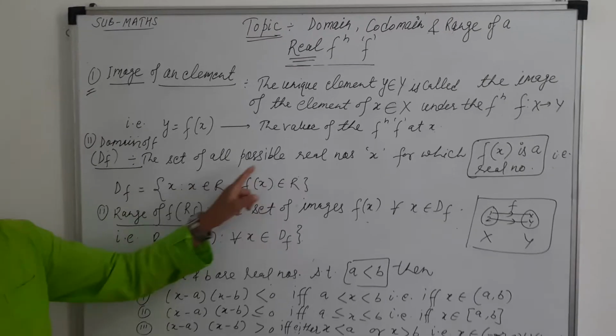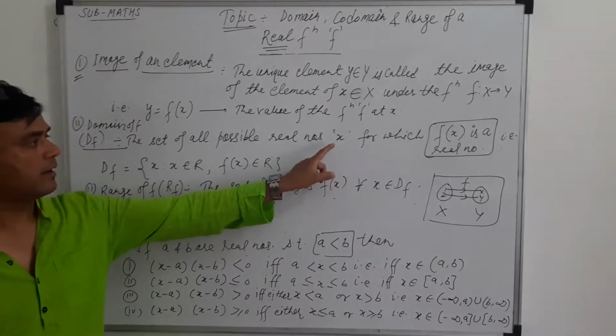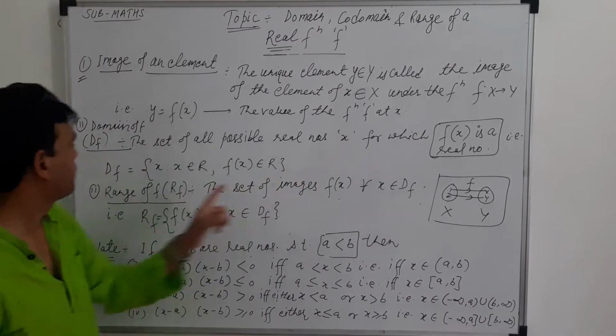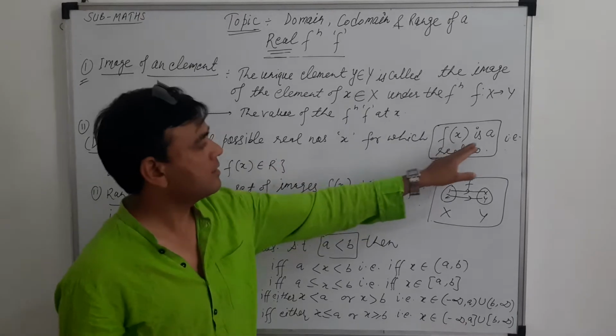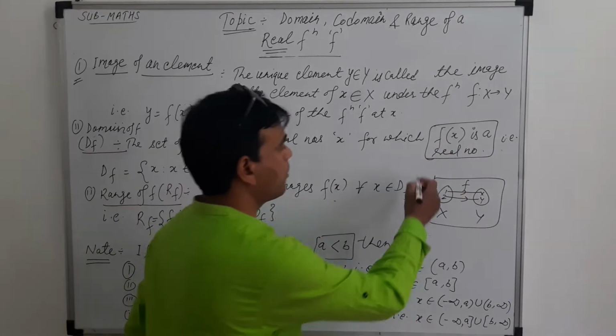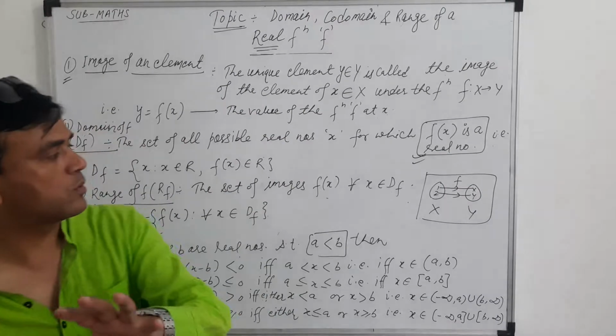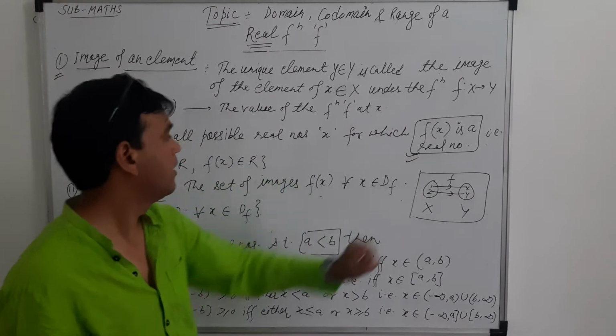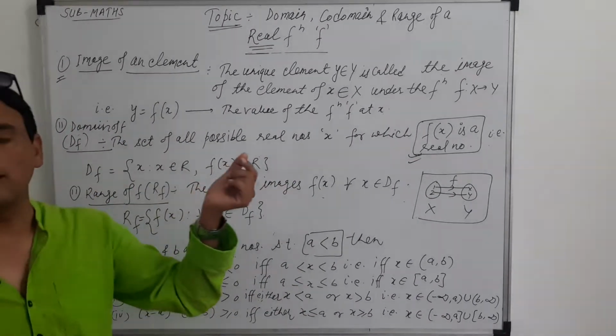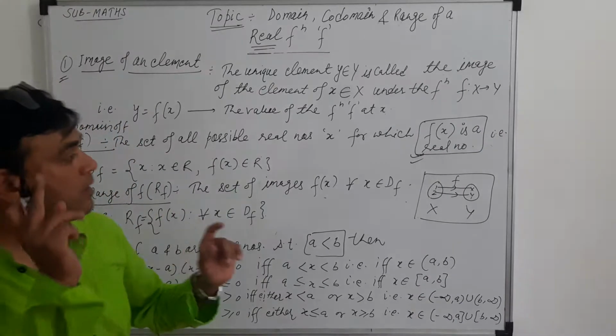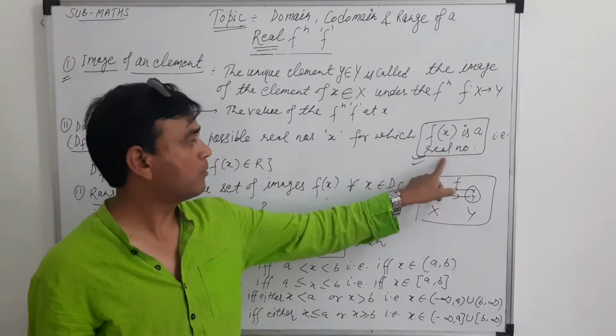Now come to the domain of the function. The set of all possible real numbers x for which f(x) is a real number. This is a very important point here. Many times students fail to understand this thing. Whenever we are going to find the domain of any function, we must keep this point in our mind. What is that?